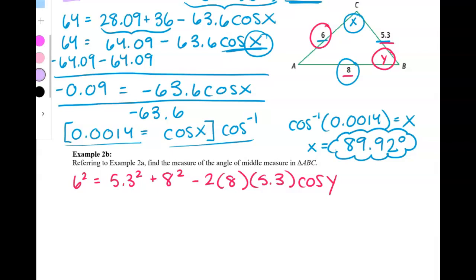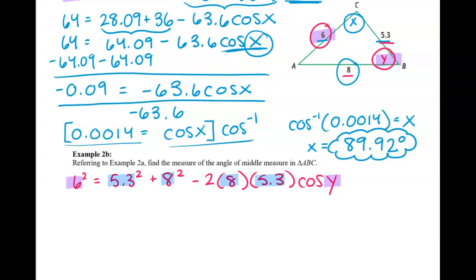As always in these problems now, our angle side pair, our C's, are on the outside here, the 6 and the y, back up here. And then our other sides, right here and here, and here and here, and the 2 and the cosine, just the formula again.